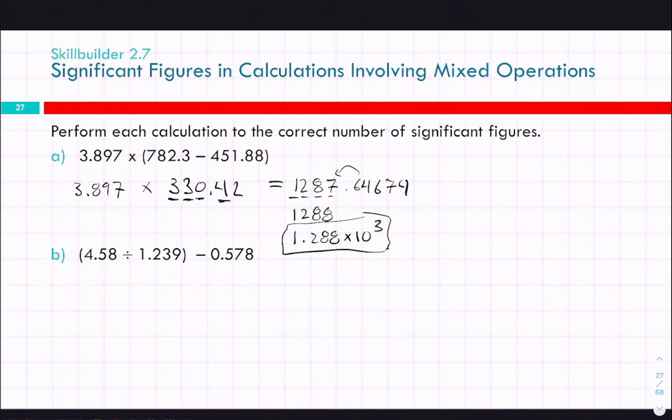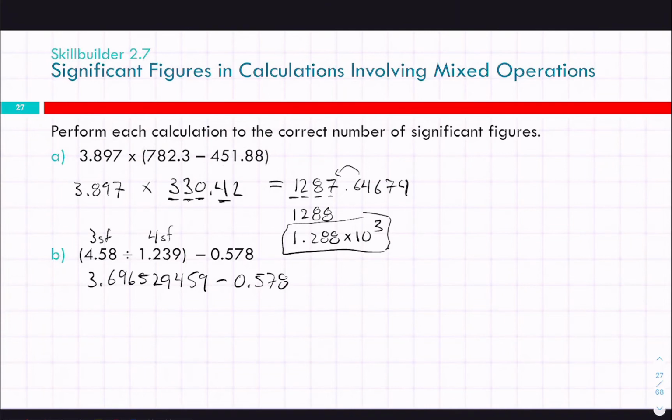Yeah, 3 sig figs, because 4.58 has 3 sig figs, 1.239 has 4 sig figs. So we're doing division here. We want the smallest number of sig figs. 3.6965294... That's a long one. 0.578.